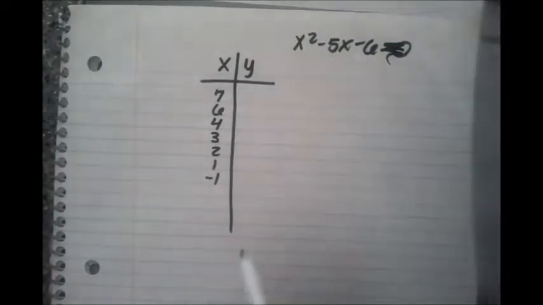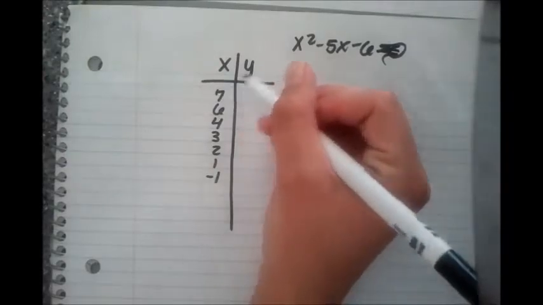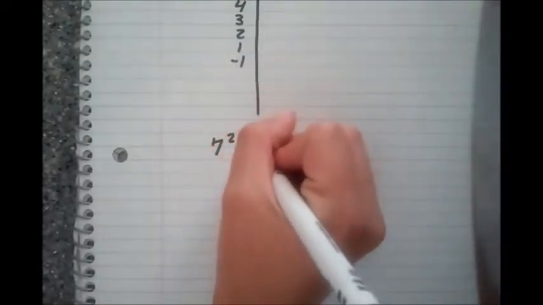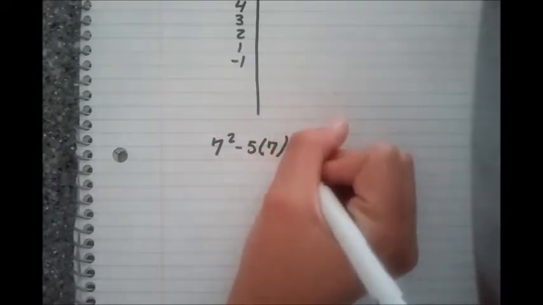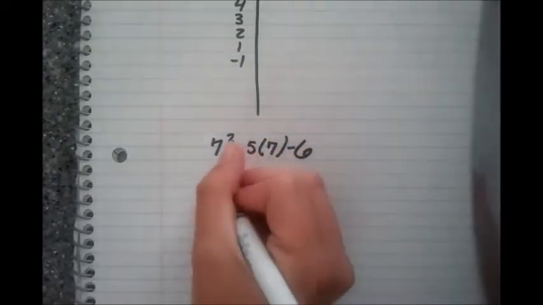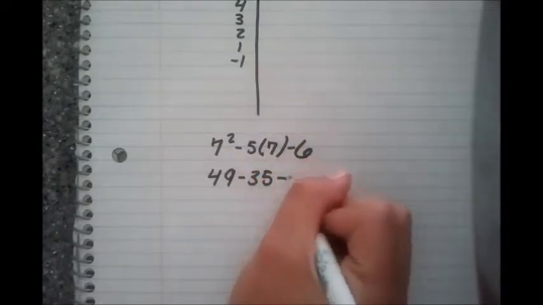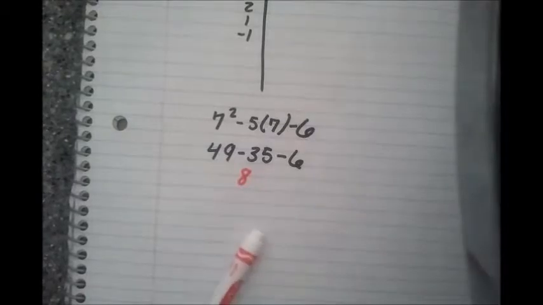Now you plug in 7 for x: 7 squared minus 5 times 7 minus 6. 49 minus 35 minus 6 is 8.